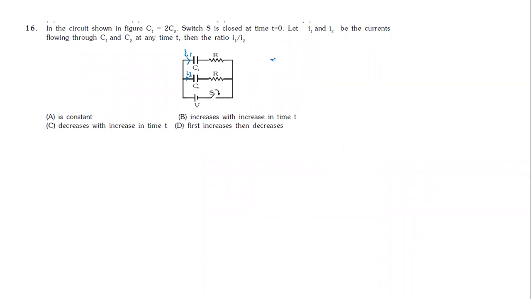Suppose I draw another circuit. If this circuit's current is I, do you think this current I will be identical to I1 at all instances or not? Yes, sir.